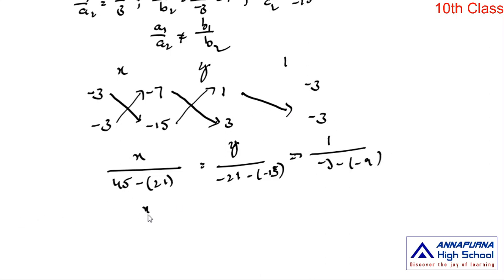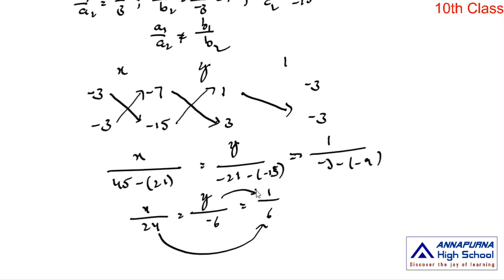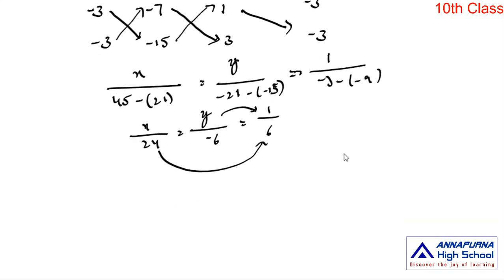Now simplify this. x by 45 minus 21, it is equal to 24, and y by minus 21 minus of minus 15, it is equal to minus 6, is equal to 1 by minus 3 minus of minus 9, 6. Now equate this x by 24 to 1 by 6 and y by minus 6 to 1 by 6.